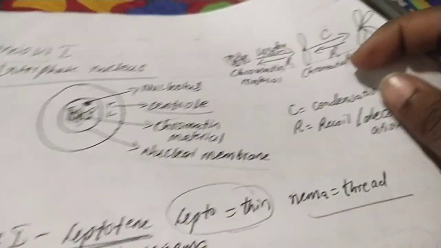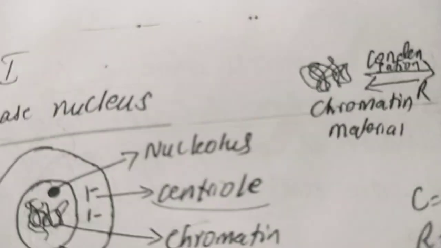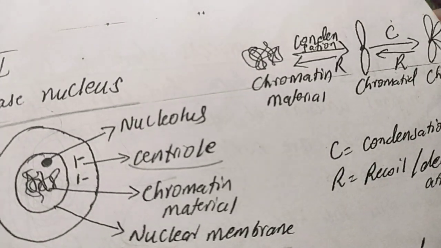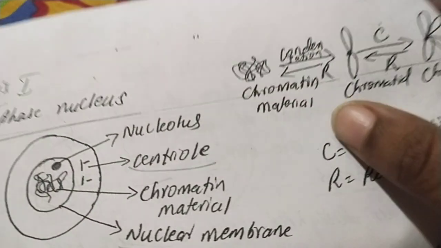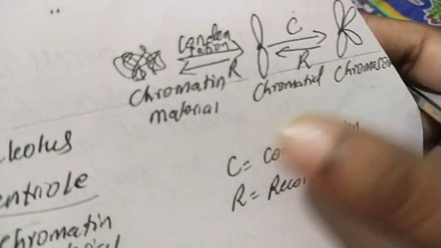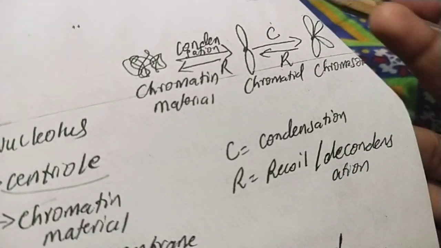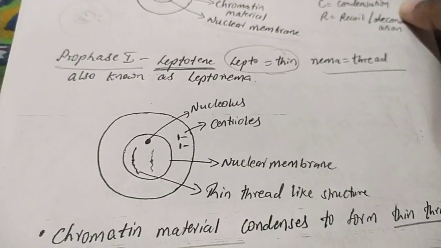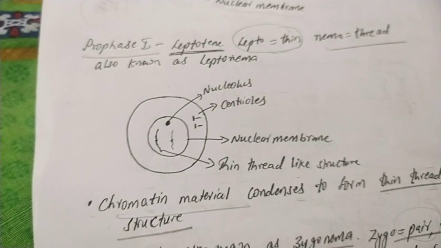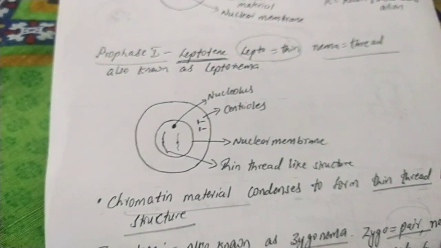The chromatin material is converted into chromatids and again into chromosomes. Here C is condensation and R is decondensation. After this, prophase 1 will be initiated.